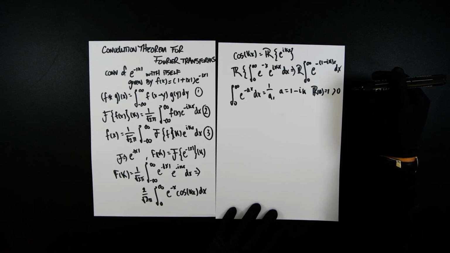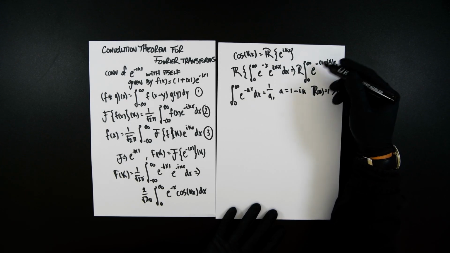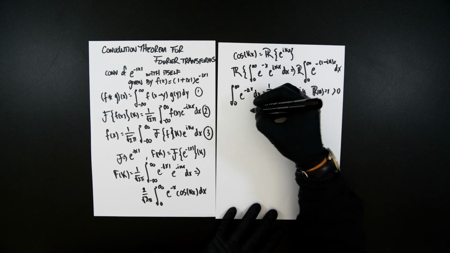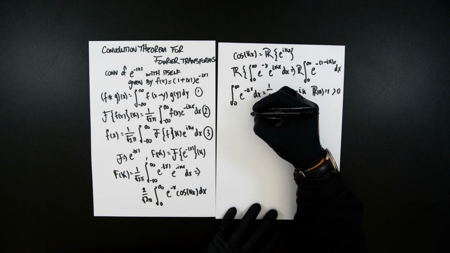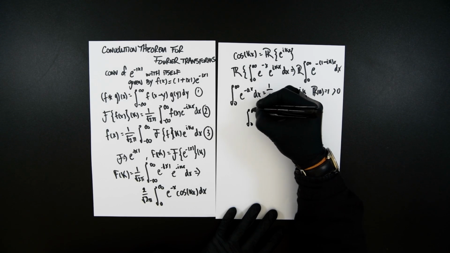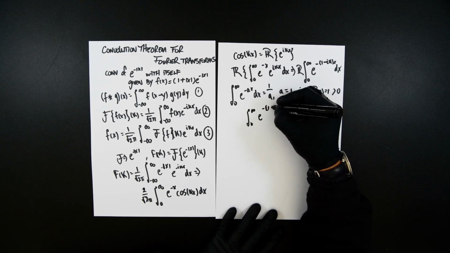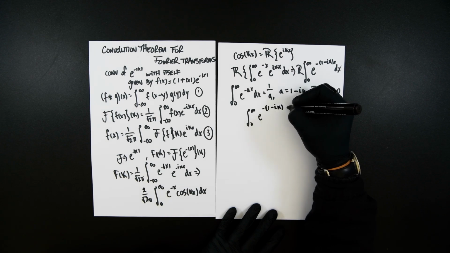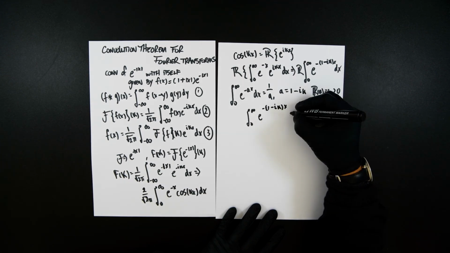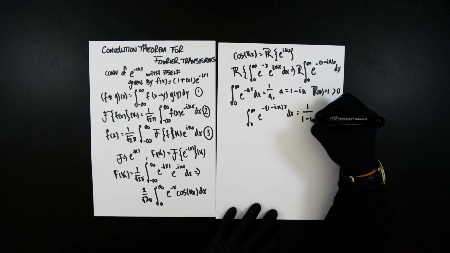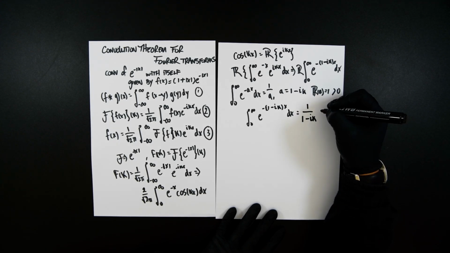So I'll just write it out: the integral from 0 to infinity of e to the minus (1 minus ik)x dx would be 1 over 1 minus ik.